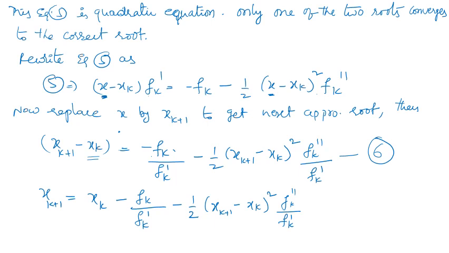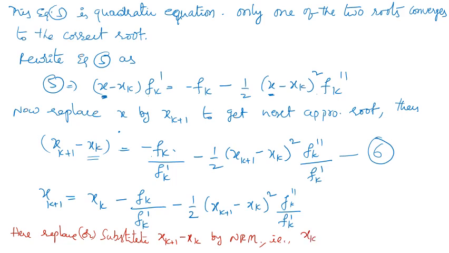Now the most important point is here: replace or substitute xk plus 1 minus xk by the Newton-Raphson method formula. What is the formula? Xk plus 1 equals xk minus f of xk by f dash xk, right? This implies xk plus 1 minus xk is minus fk by fk dash.